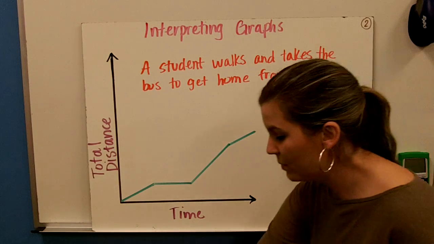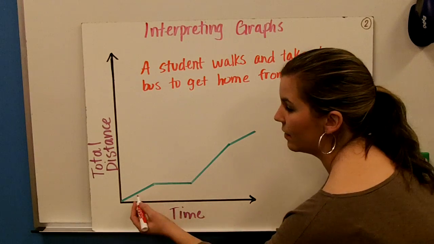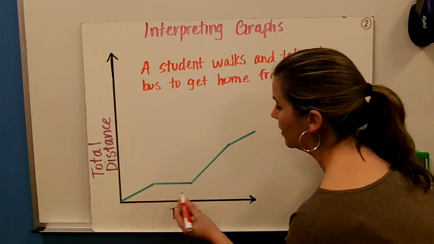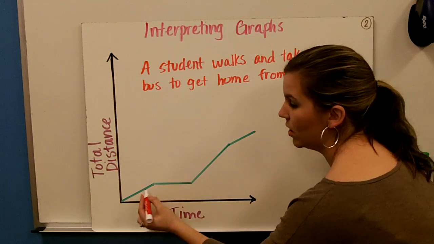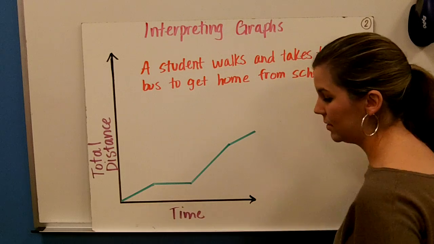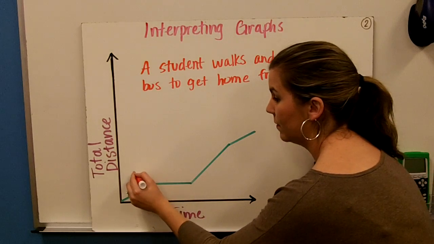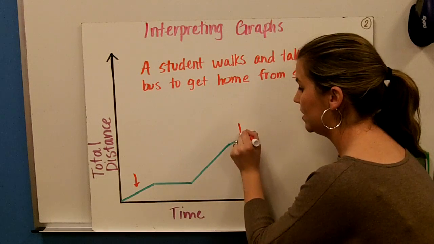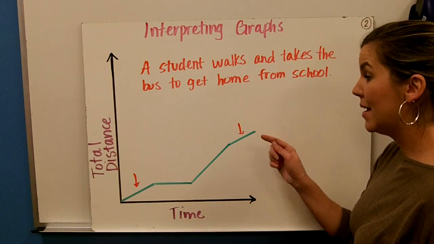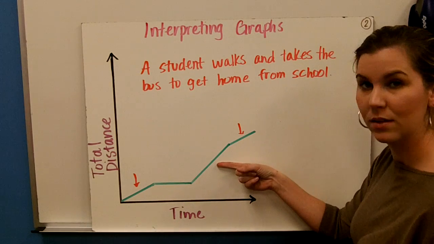And since we've been talking about rate of change, you should be able to see that this rate of change and this rate of change are exactly the same. The slope of these two lines are exactly the same. So, these are the same, and they are not as steep as this piece.